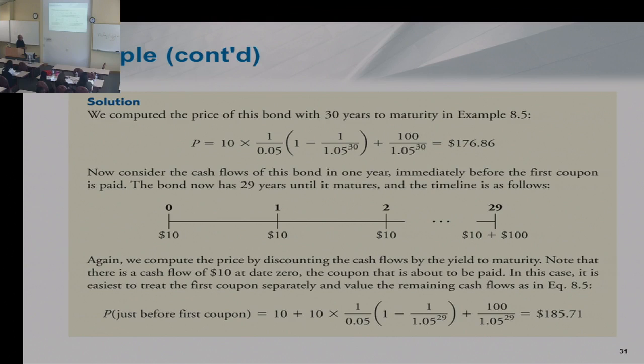If you bought it for $176.86 and sold it for $185.71, what rate of return will you have earned? Take that, divide by that, minus 1.